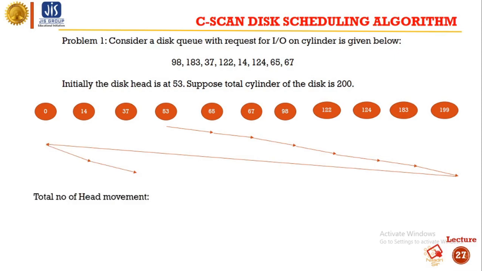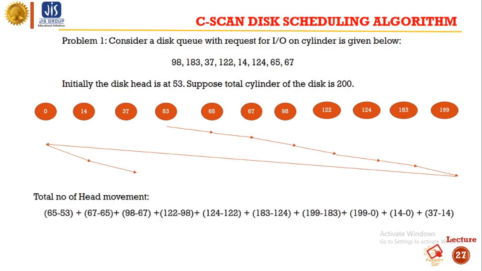The head movement is: from 53 to 65, so 65 minus 53. From 65 to 67, so 67 minus 65. From 67 to 98, and the total head movement is 98 minus 67.